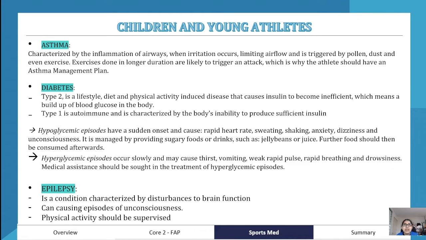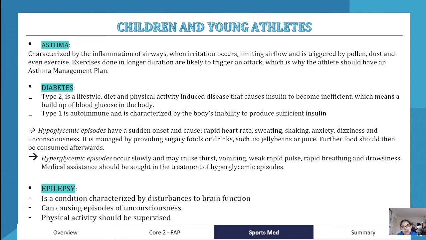generally with something like this, you've got 2 types of episodes. You've either got a hypoglycemic episode or a hyperglycemic episode. So obviously the coach needs to be mindful of this. And with a hypoglycemic episode, what happens is the cause has a sudden onset, it just happens, and the signs include rapid heart rate, sweating, shaking, anxiety, dizziness, and unconsciousness.